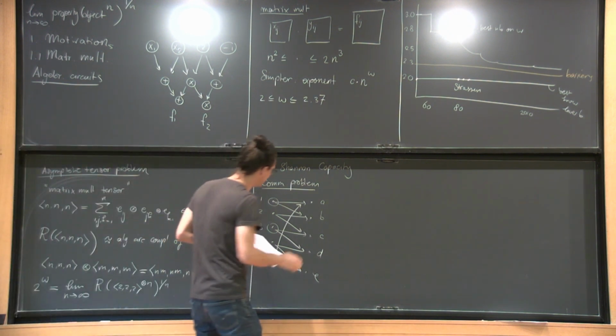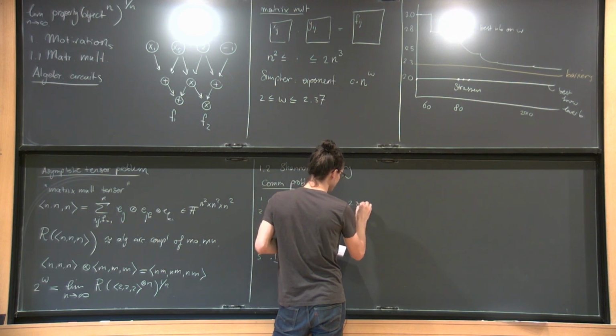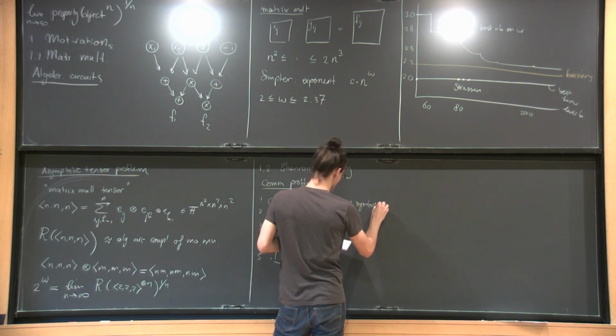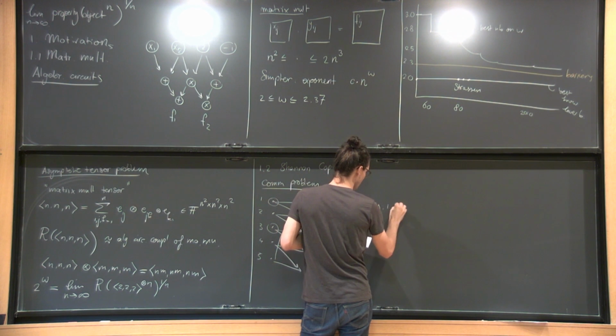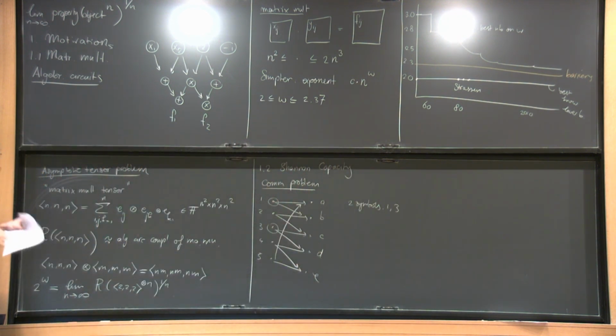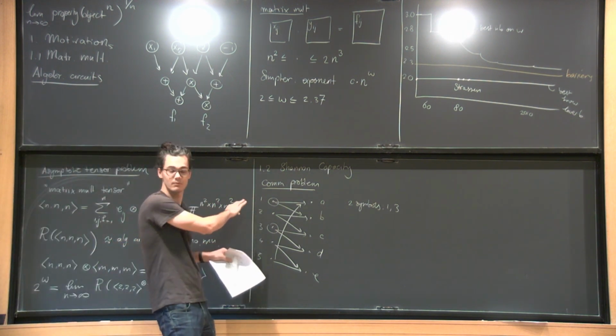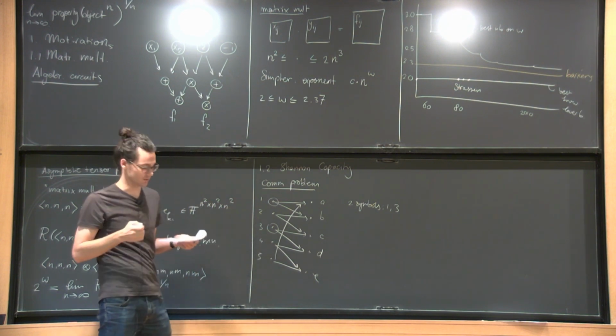So if we use this channel once, we can send 2 symbols, say 1 and 3. The goal is to use this channel more often. So instead of sending a single symbol, we will send pairs of symbols.